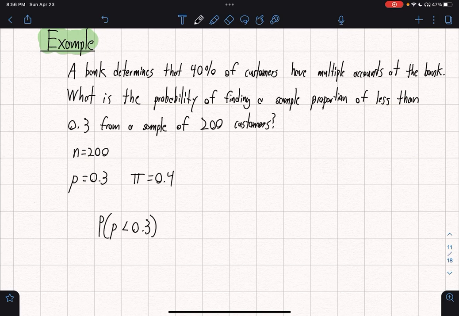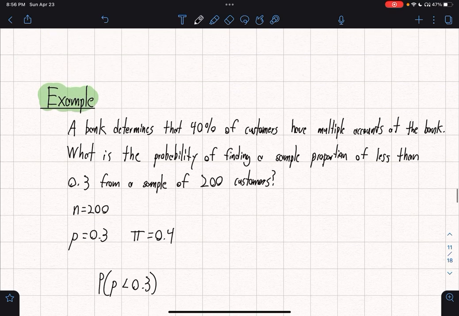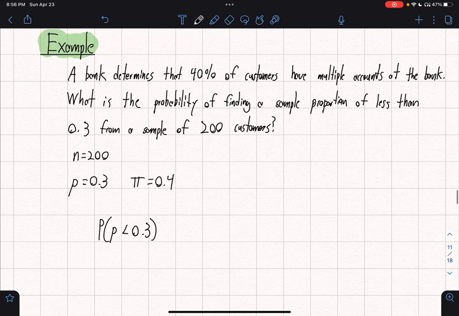Before we calculate our z-score for this, let's first check our assumption. Recall that we need n times pi. In this case, that's 200 times 0.4, which is equal to 80, which is bigger than 5.